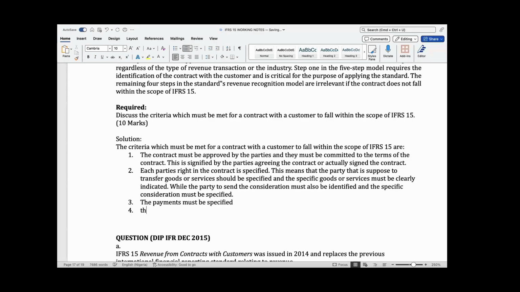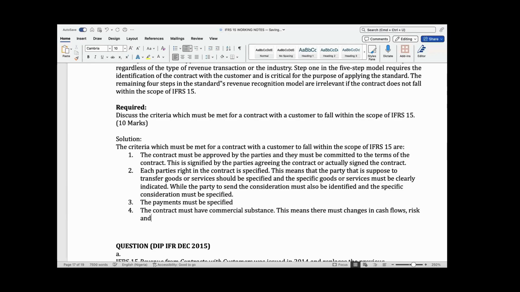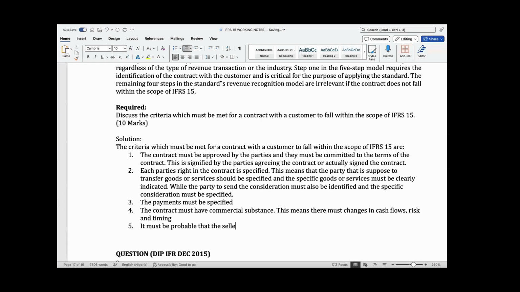The contract must have commercial substance. This means that there must be changes in cash flows, risk, and timing. Also, it must be probable that the seller will collect its consideration.